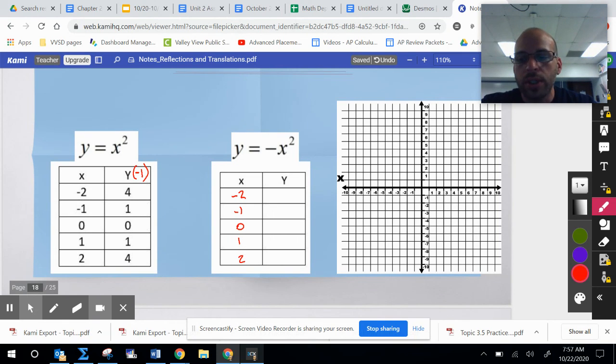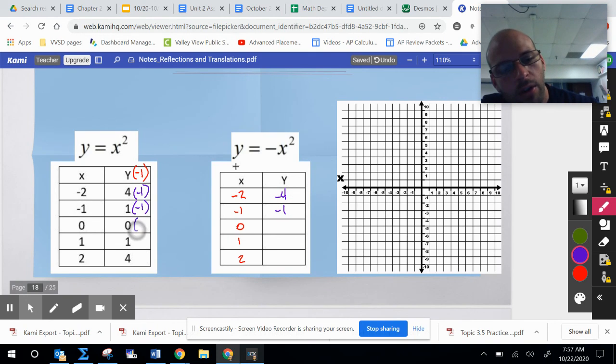But what I am going to do is flip them down to the bottom. And to do that, multiply all the y values. So 4 times a -1 gives me a -4. 1 times a -1 gives me a -1. 0 times a -1 gives me 0. So on and so forth, right? So I get a -1 and a -4.